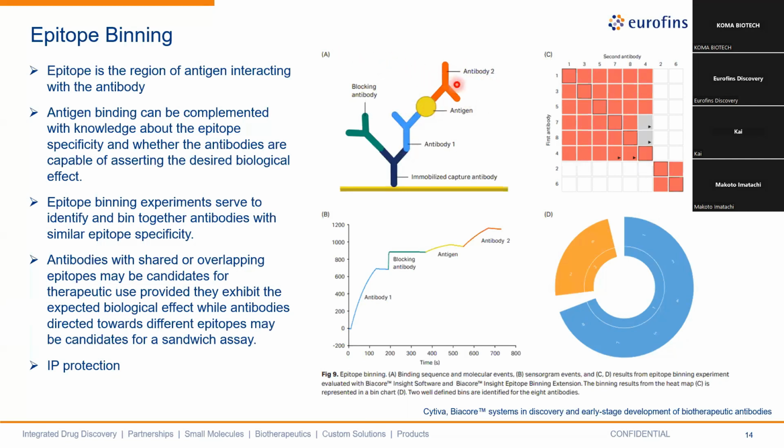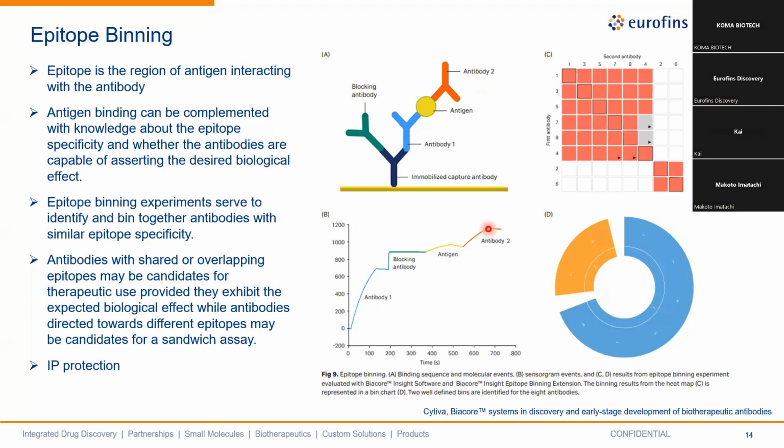If antibody 2 is binding in the same position of the antigen as antibody 1, then it cannot bind to the antigen. If antibody 2 is binding in a different part of the antigen, then as shown in the diagram, it can bind to this antigen in this setup. Then you will see an increase of signal as well.